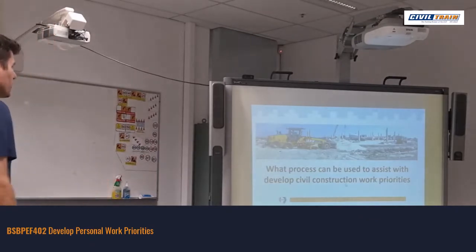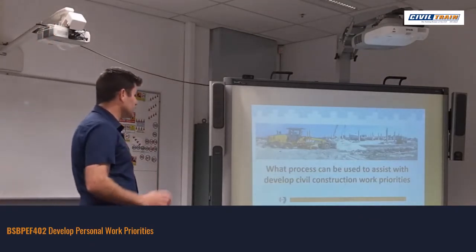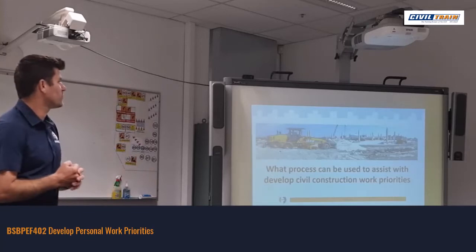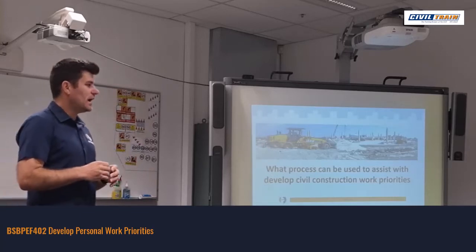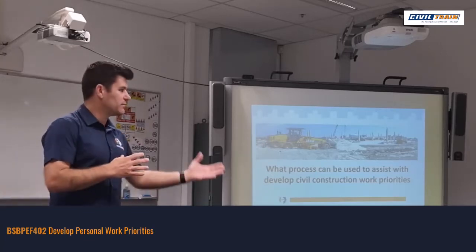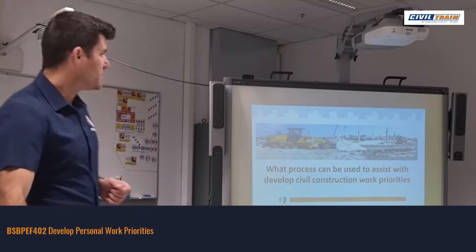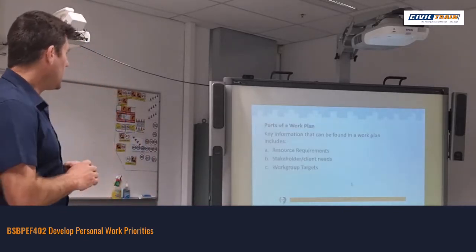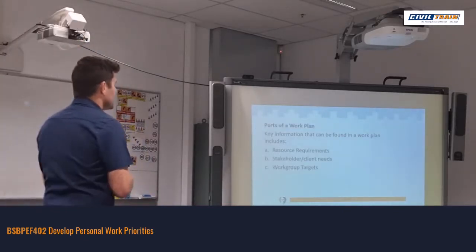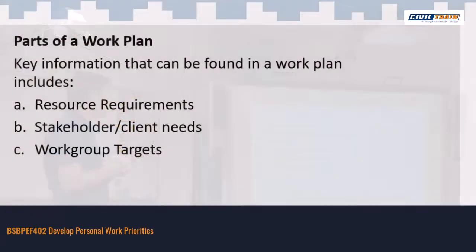So again, what processes can be used to assist with develop civil construction work priorities? So again, I'm going to strip it back with the planning process. We're going to talk about civil. Key information that can be found in a work plan includes resource requirements. So basically what we're trying to understand is, if you've got a project, what resources do you need?